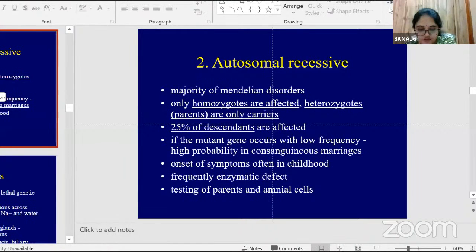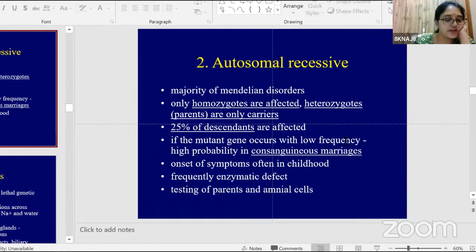You can see this on your page number 101, in the pedigree analysis. In an autosomal recessive trait, you can see that only 25% of the progeny is affected. Examples are phenylketonuria, cystic fibrosis, and thalassemia.